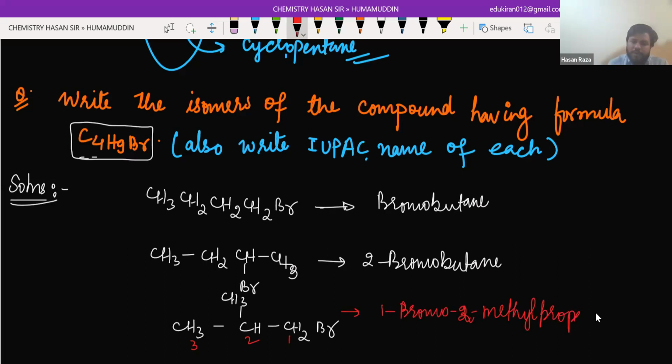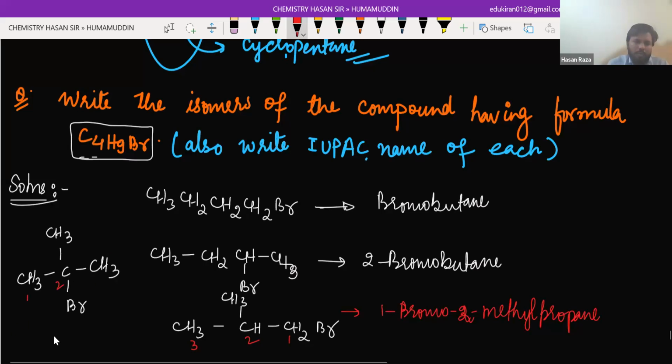And the last one, which is very easy as well: CH3, CBr, CH3, and CH3 as well. Both the branches are on the same carbon. So the name is 2-bromo-2-methylpropane. Is that clear, both of you?